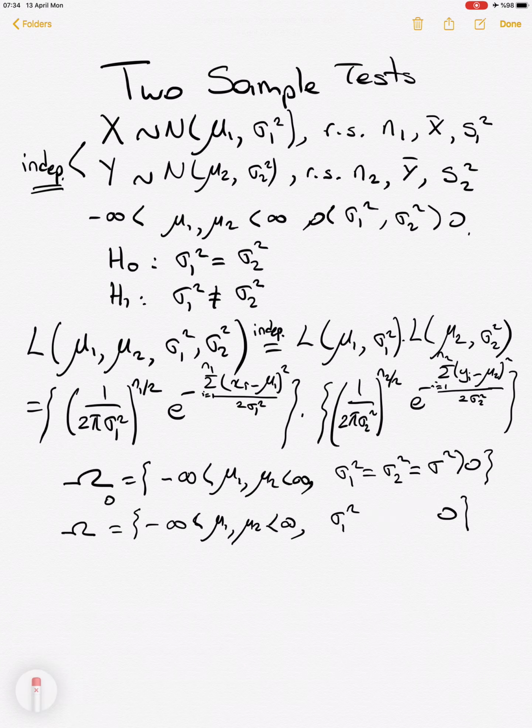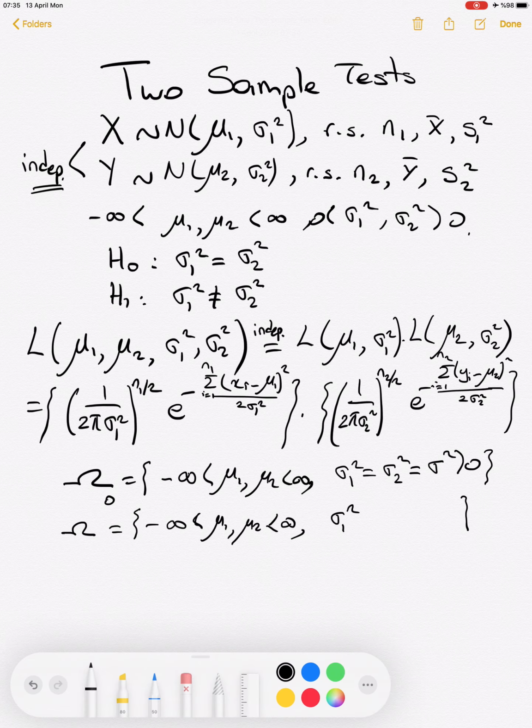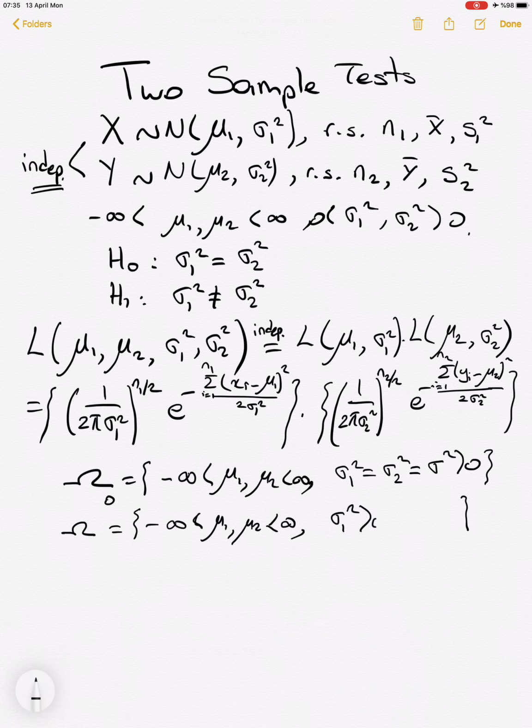So sigma 1 square greater than 0, sigma 2 square greater than 0. These are the parameter spaces under which we want to maximize our likelihood function.